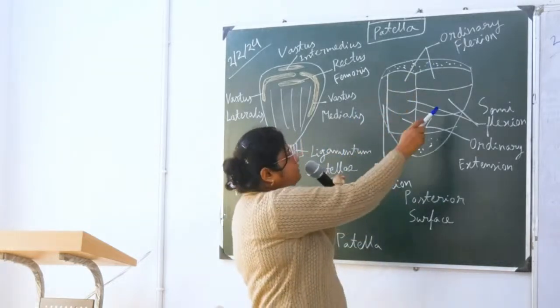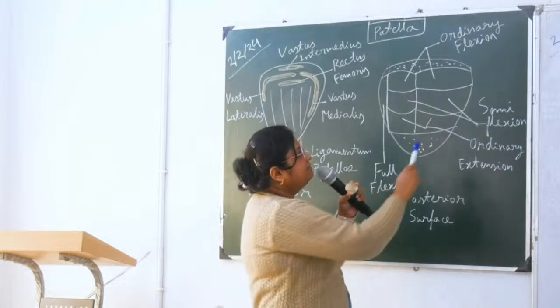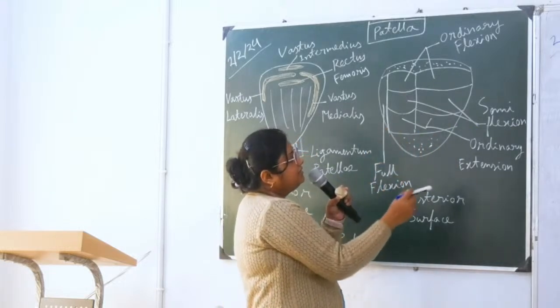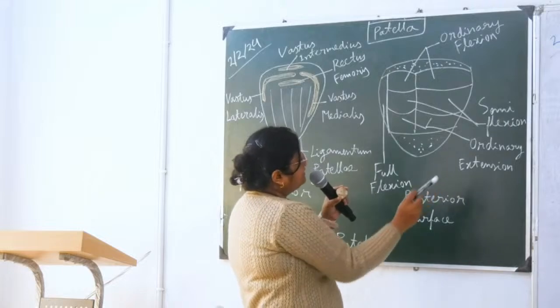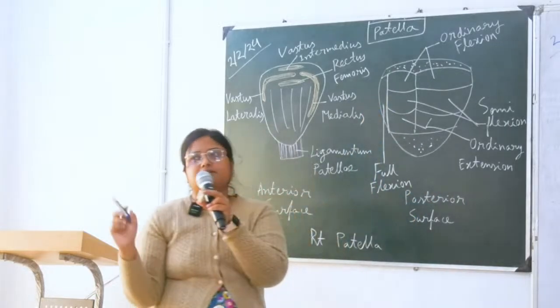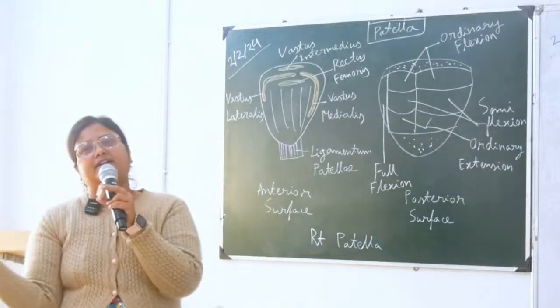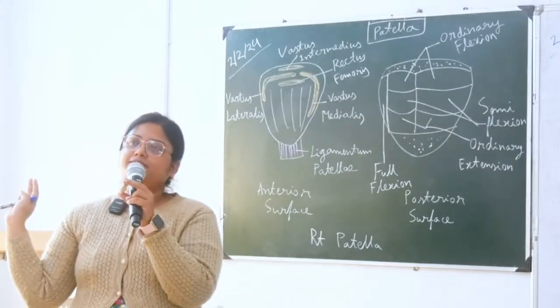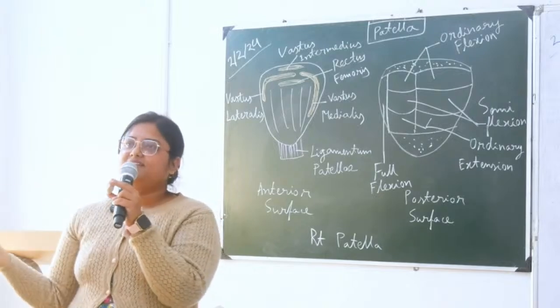Middle two comes in contact in semi-flexion, and the lower two in ordinary extension, and this lower area in full flexion. During full extension, the patella is free floating. It does not come in contact with the femur in full extension.